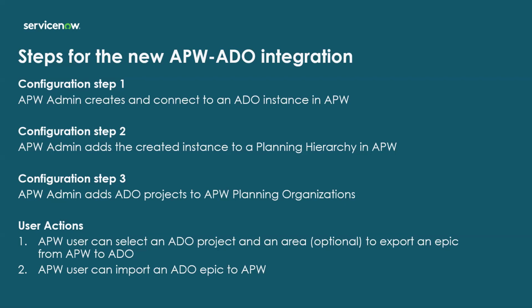Once these steps are completed, the Alignment Planner Workspace users, such as portfolio managers or product managers, can export an epic from those planning organizations to ADO, or they can import an epic from ADO to those planning organizations.